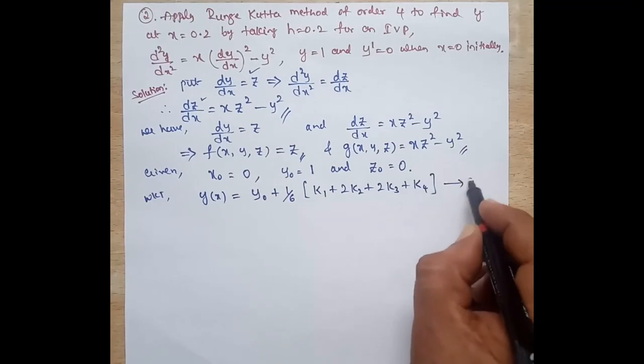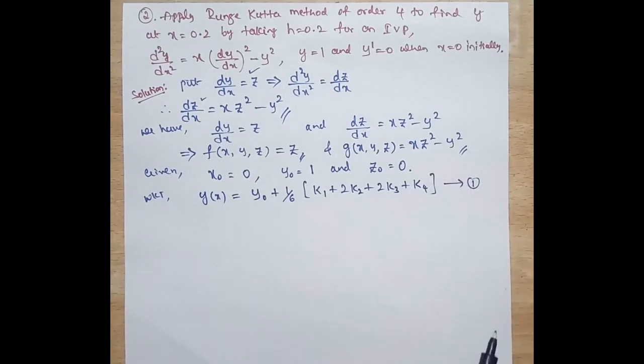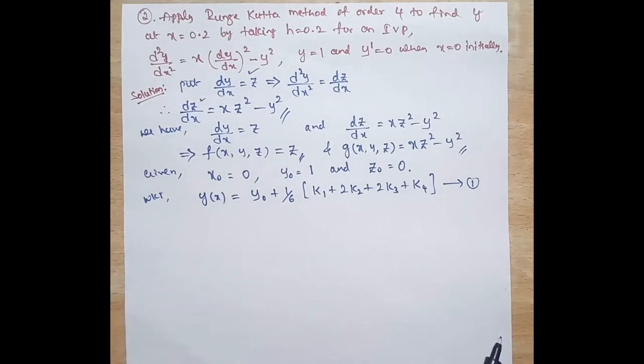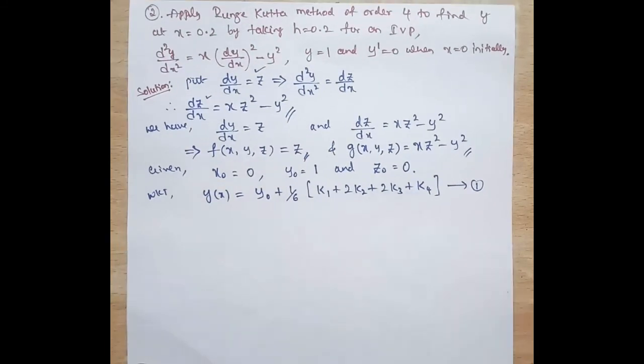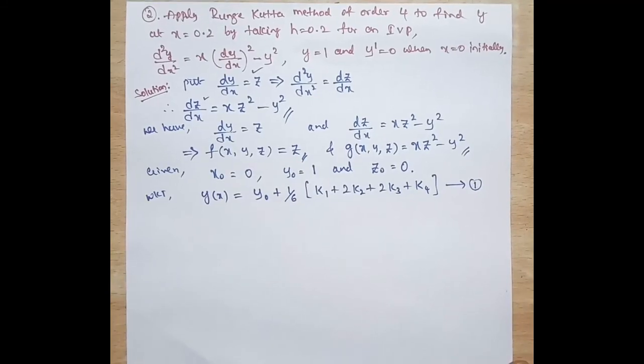Let us call it 1. This is the formula which calculates the approximate solution of the IVP. Your y naught value is known, whereas the ki values we have to calculate: k1, k2, k3, k4. Let us calculate one by one.